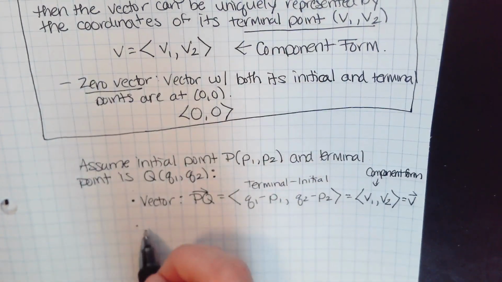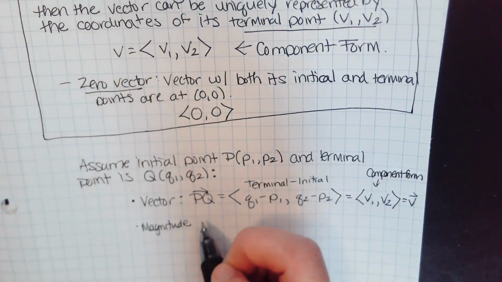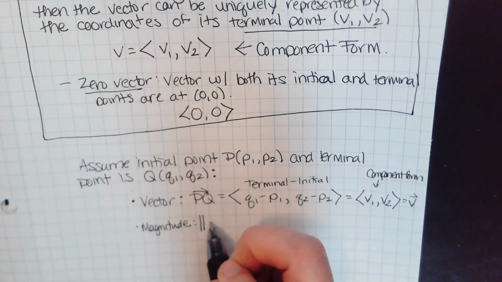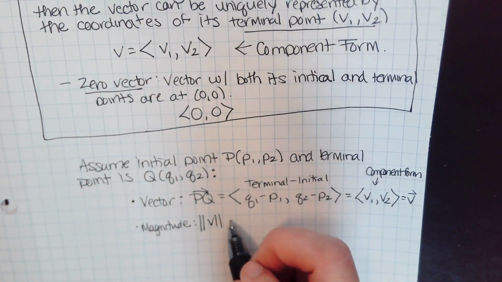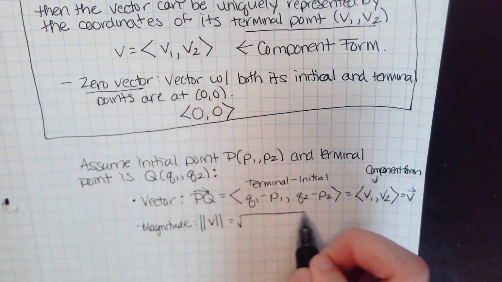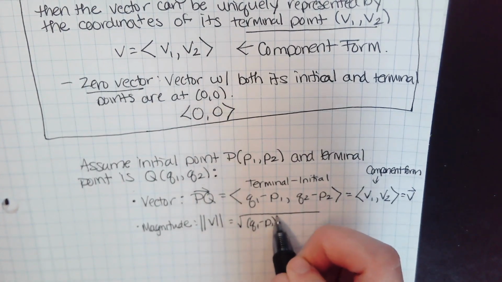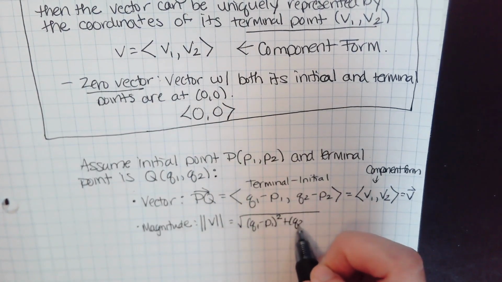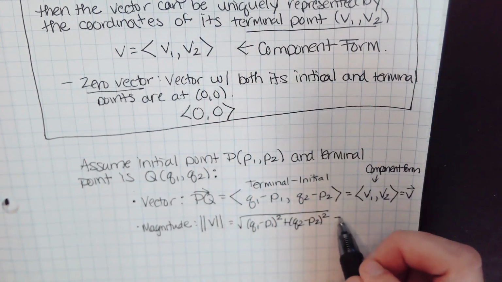All right, to find your magnitude, we have a little bit of a shortcut. Again, you use the double absolute value bars to show magnitude, and you would be doing your distance formula: Q1 minus P1 squared plus Q sub 2 minus P sub 2 squared, all under a square root.